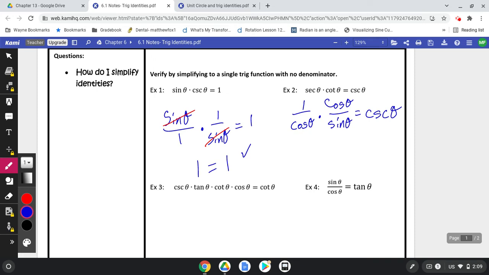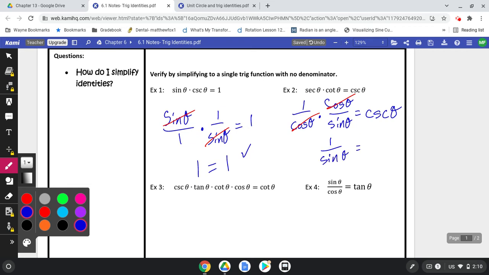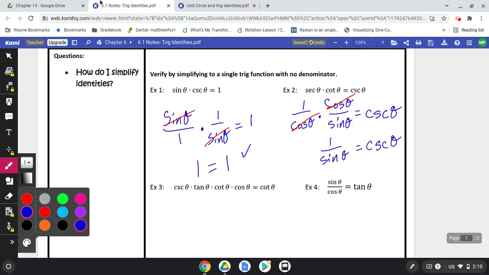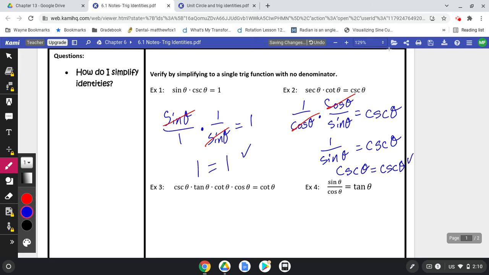So at this point, the cosines cancel, and we are left then with 1 over sine of theta. And if we go back here, 1 over sine of theta, that is cosecant. So I can verify it. I show that the cosecant of theta does indeed equal what we started with, which in this case was secant of theta times cotangent of theta.